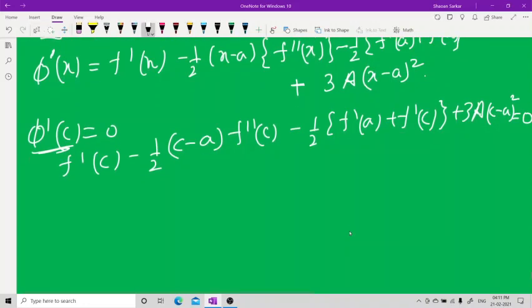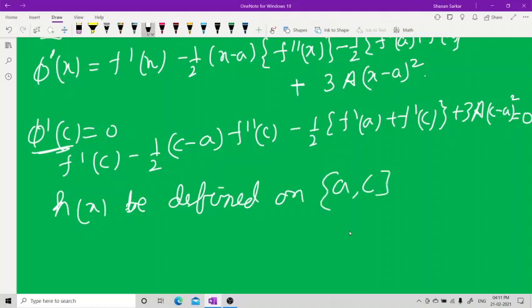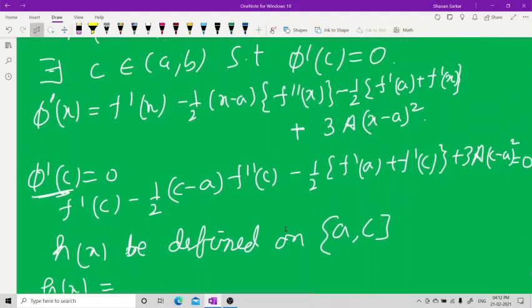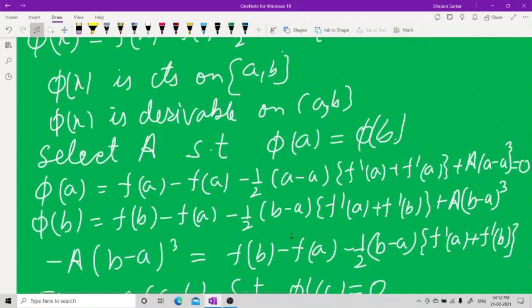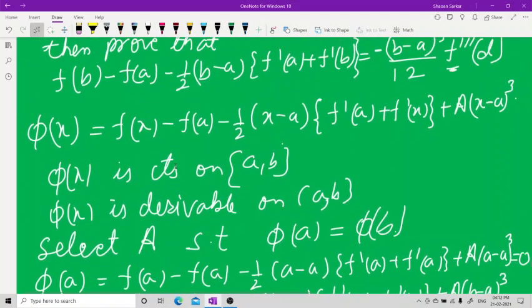Consider h, let hx be defined on [a, c]. I think I made a mistake, wait a minute. Yes, the derivative is phi dash x.